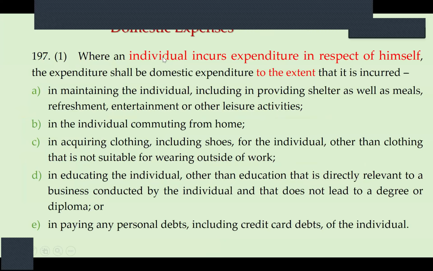It says, individual incurs expenditure in respect of himself. So these domestic expenses mean expenses that are not allowable as a deduction. This domestic expenses has 3 categories. Category 1 is individual incurs expenditure in respect of himself.